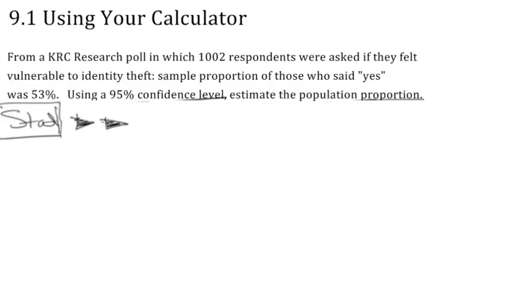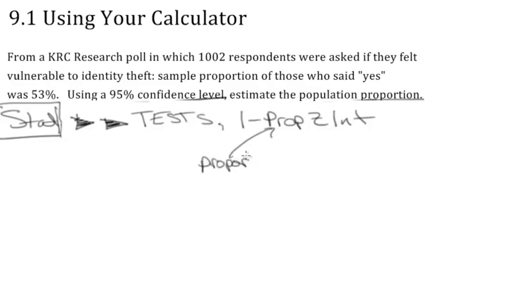So arrow over twice to the left or once to the right, and you're going to be in the Tests menu. And in the Tests menu, you're going to have to scroll down quite a ways. You want, I don't know which number it is because everyone's got a different calculator, 1 prop z int. So let's see what we're talking about here. Prop, I hope makes sense, stands for proportion.